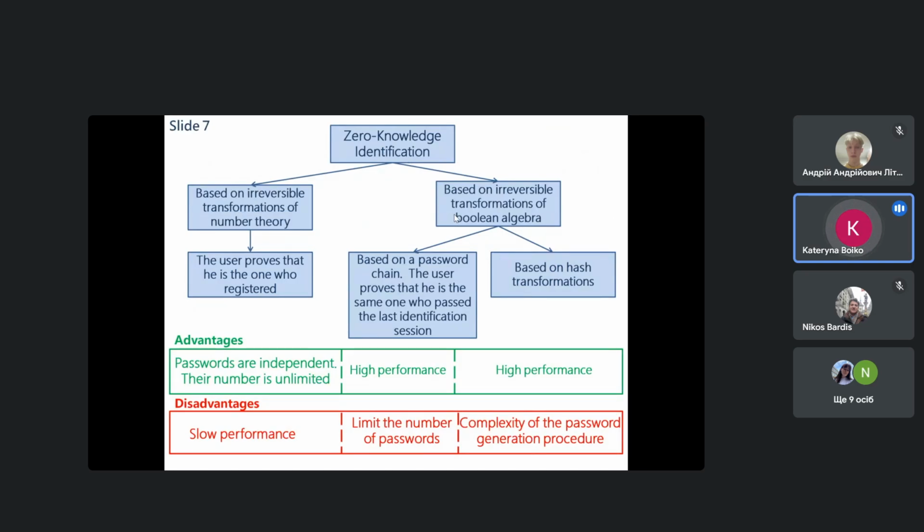To date, many methods of cryptographically strict identification have been proposed. These methods are based either on irreversible mathematical transformations of number theory or on irreversible mathematical transformations of Boolean algebra.